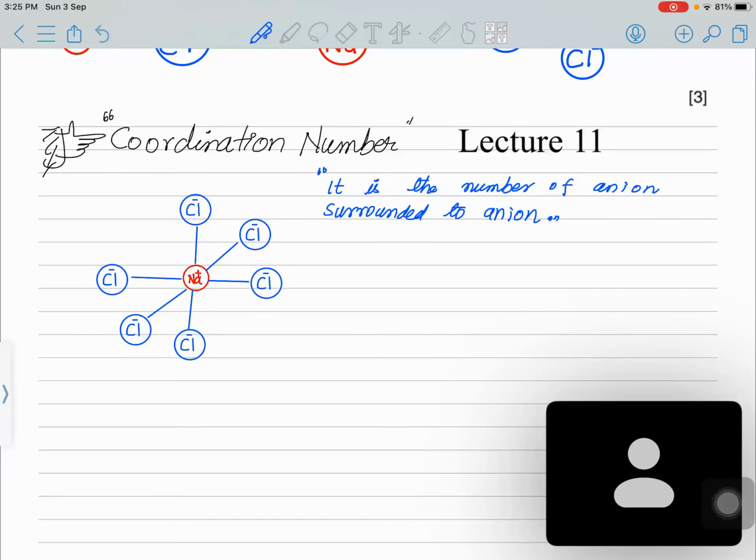Or you can say that it is the number of cations surrounding an anion.